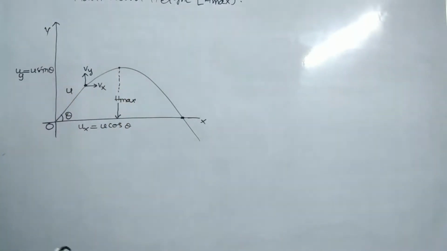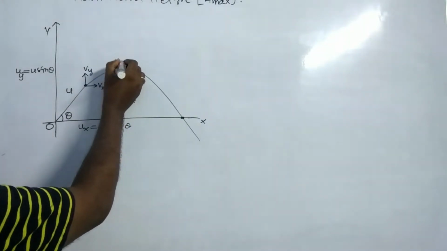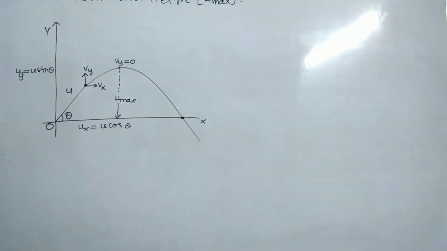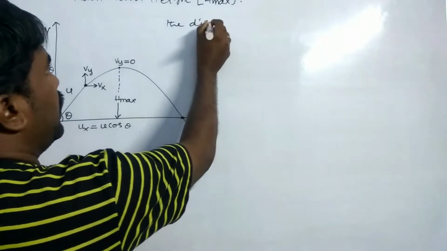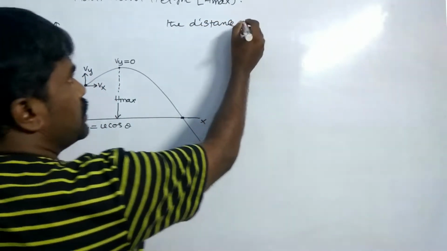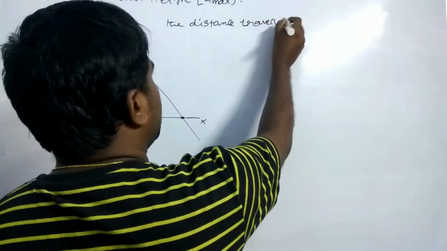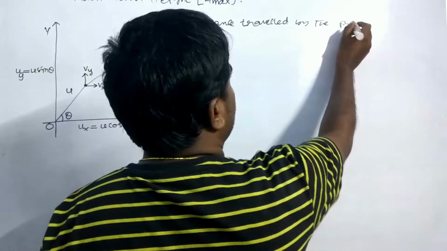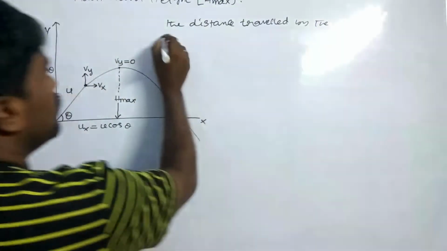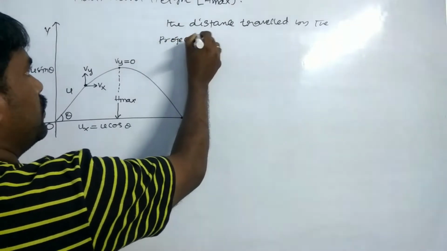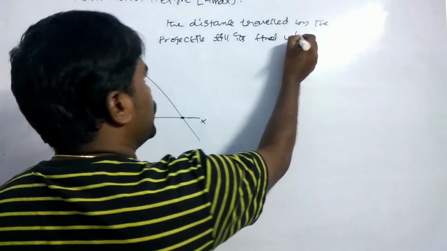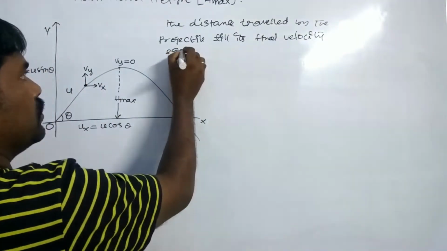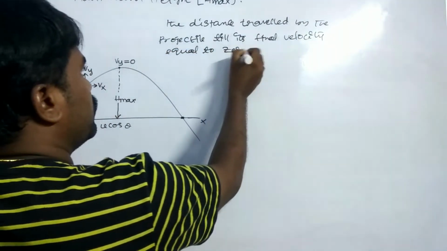the distance travelled by the projectile until its final velocity is equal to 0, right?